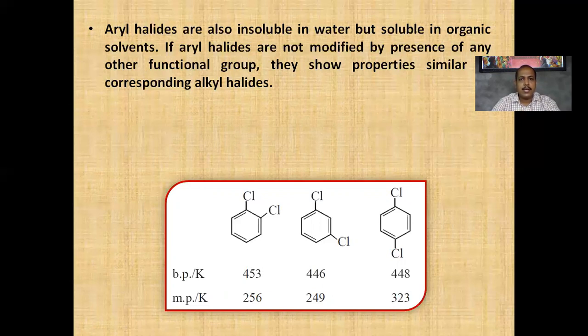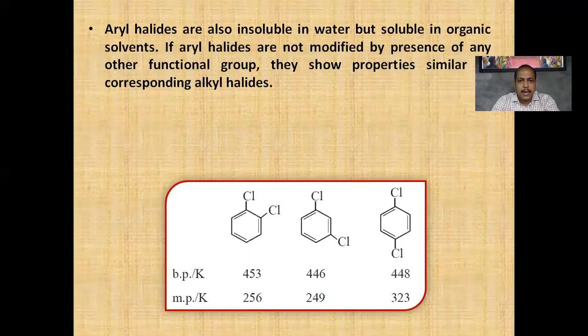As the halogen atom is more electronegative, it attracts electrons towards itself, so it gets a partial negative charge, while the carbon atom gets a partial positive charge. Also, as the size of the halogen atom increases, that is from fluorine, chlorine, bromine, iodine, bond length also increases. The same trend is there with boiling points also.